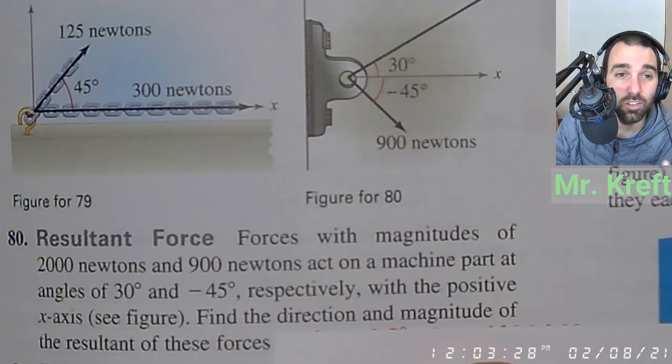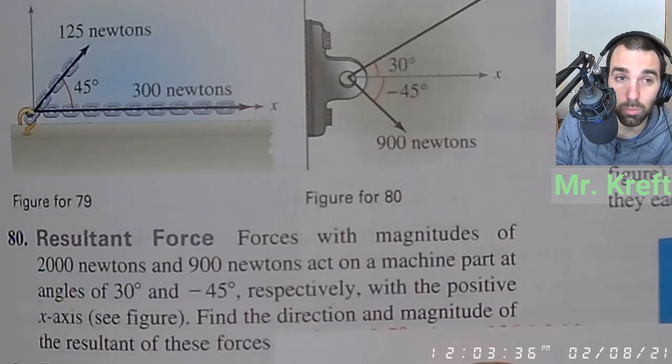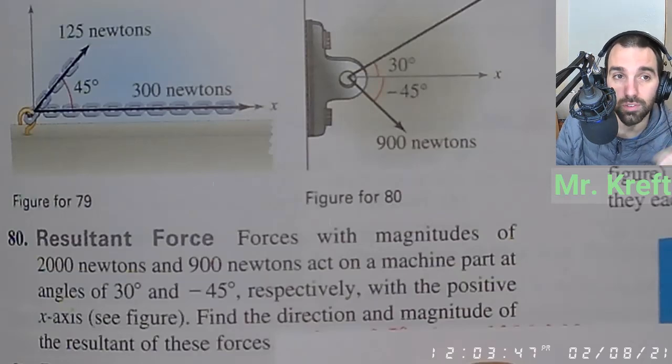So in this case, it could be two pieces of string pulling on the same, it looks like a metal latch. So this might be at a dock. Okay, and you have two different strings tied to one loop on a dock, and you want to know what the resulting force is on that piece so you know how strong to make it. Okay, really cool example of physics.